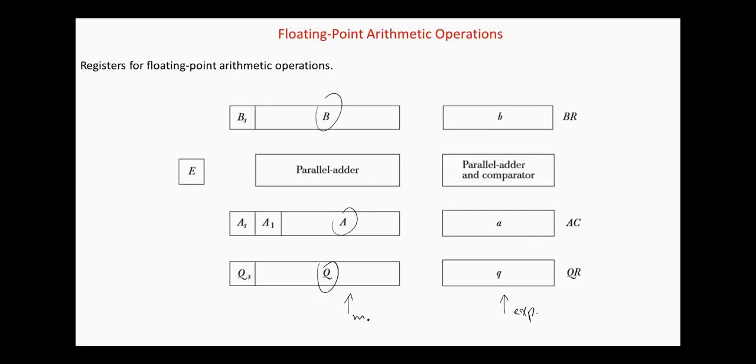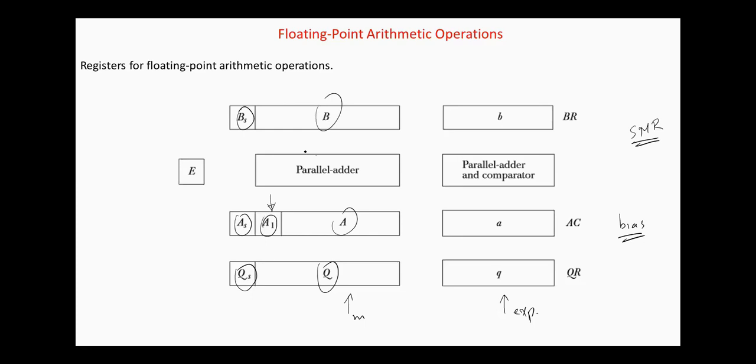The mantissas are presented in sign magnitude representation and the exponent in the biased representation. AS, BS, and QS are the signs of the mantissas. The most significant bit in A is labeled A1, and you know it should be 1 for normalized mantissas.